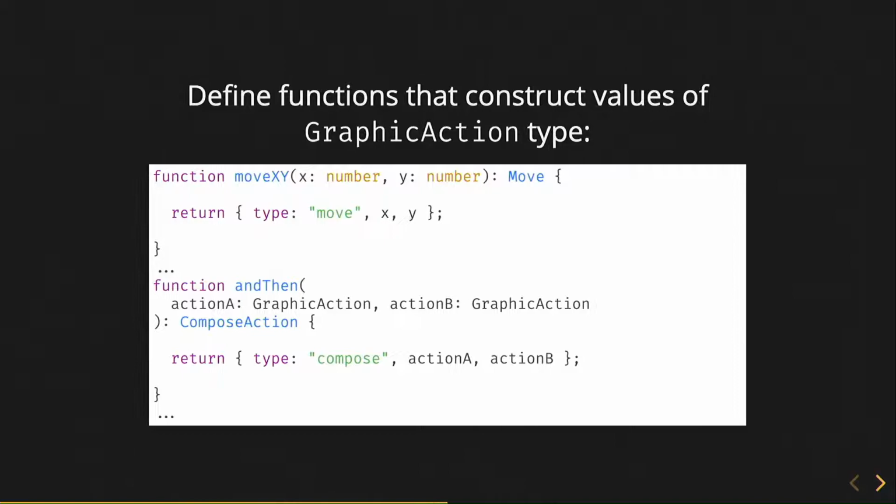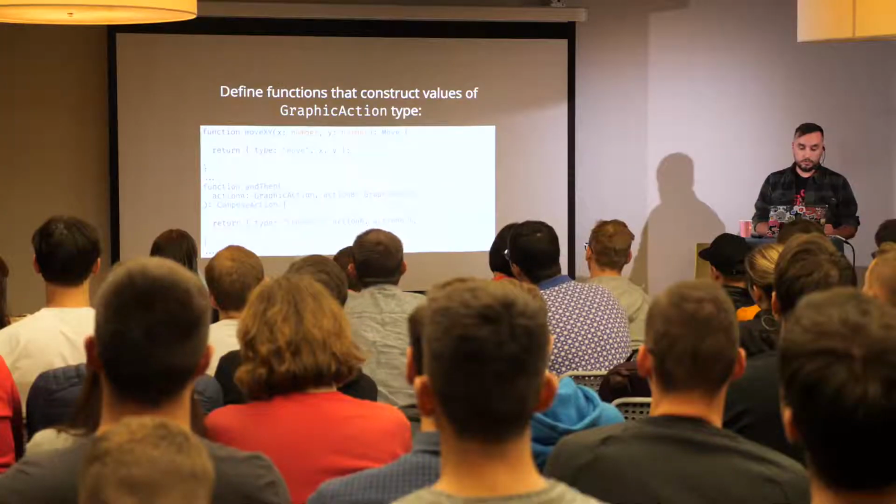And after that, how can we work with those types? We will finally define our functions, like move, scale, draw image, and what they will do is just construct the values of particular types in this graphic action union type.